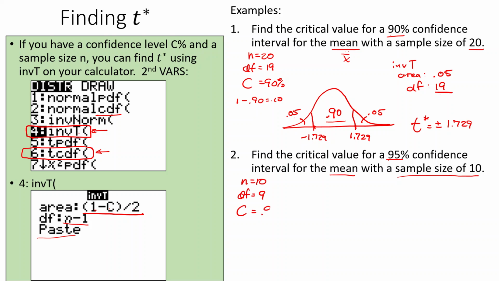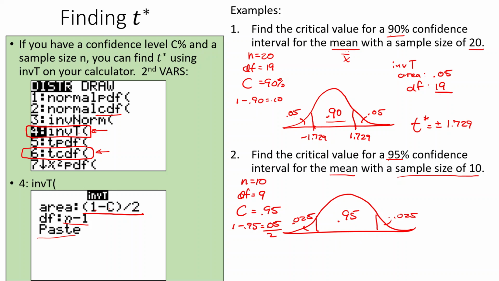Our confidence level is 95% or 0.95. So that means we've got 95% in the middle, which leaves us with 5% to split between the two ends. So this is going to be 0.025, 2.5%, and another 2.5%.